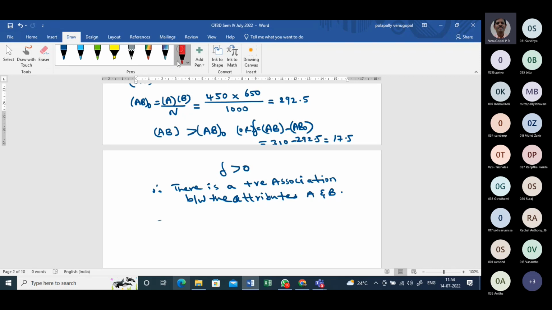There is one more way of solving it. If you compare AB and A into B by N, and this is greater, that is 310 is greater than 292.5, we say positive association.